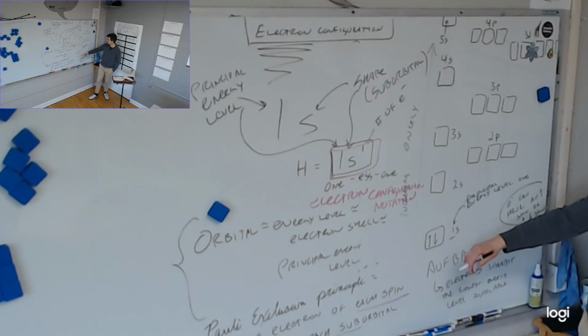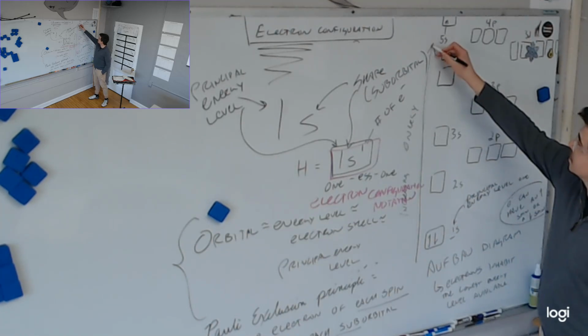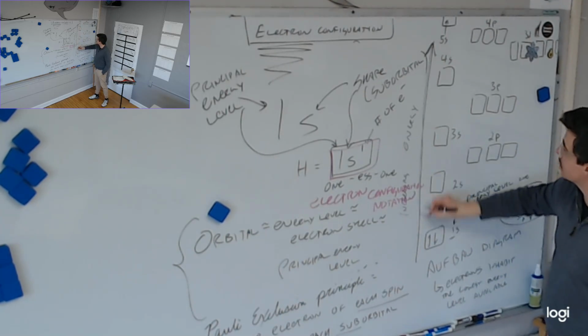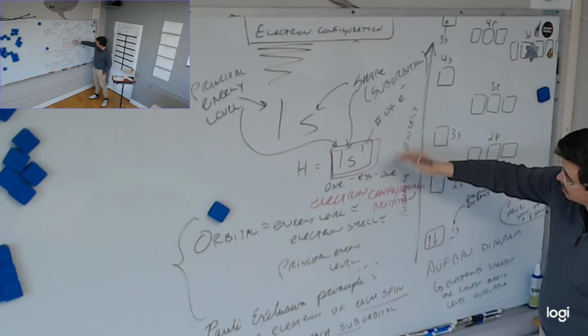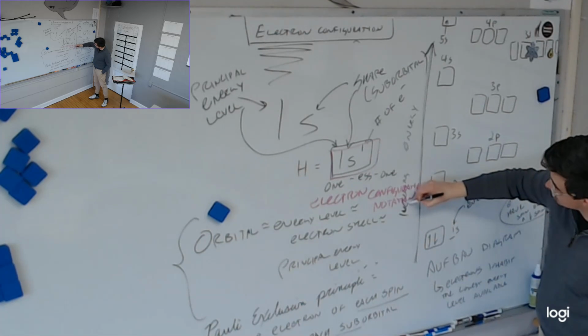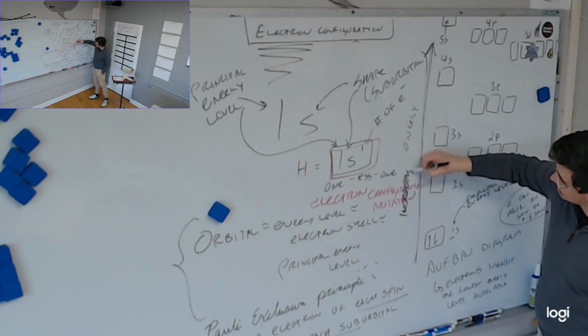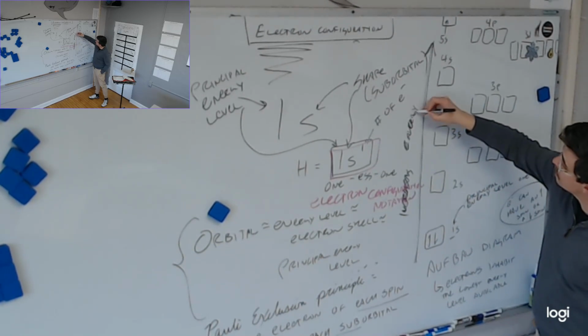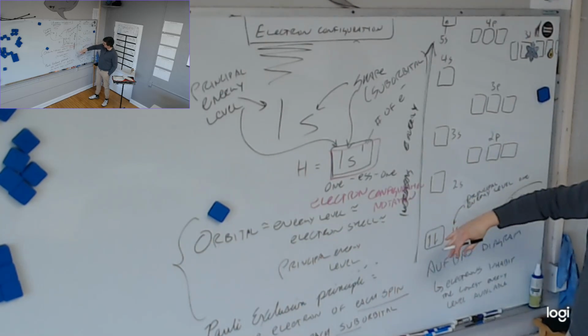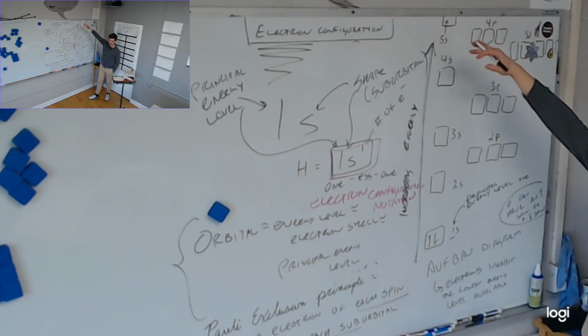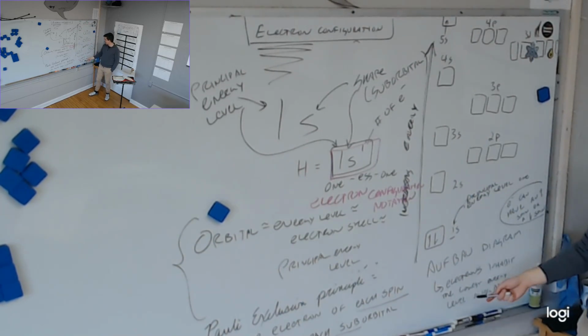What do we go to next? Well, we go up the energy levels. I had drawn over here an arrow for increasing energy level. This arrow says increasing energy. So as I, according to the Aufbau principle, add more electrons, where does the next one have to go? What's my next element?